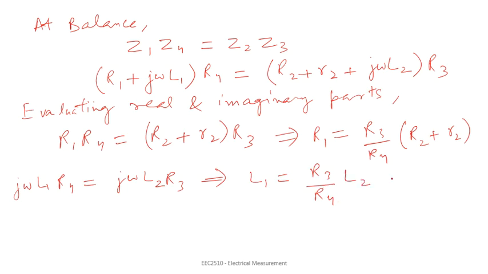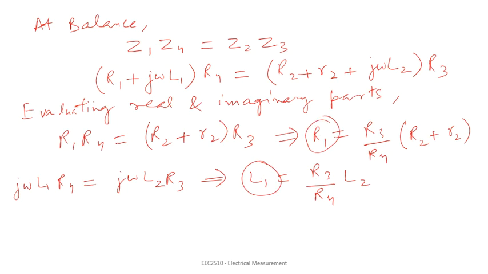So just by equating the real and imaginary parts, you get the values of R1 and L1. These were the unknown parameters of this bridge which you have to evaluate.